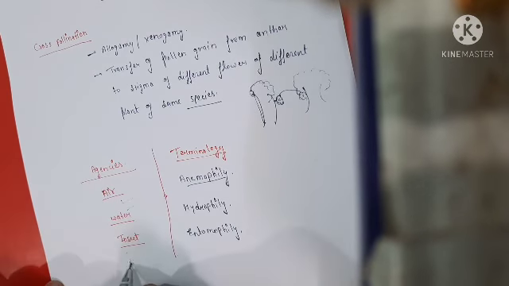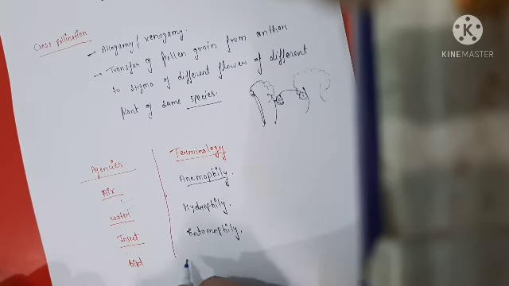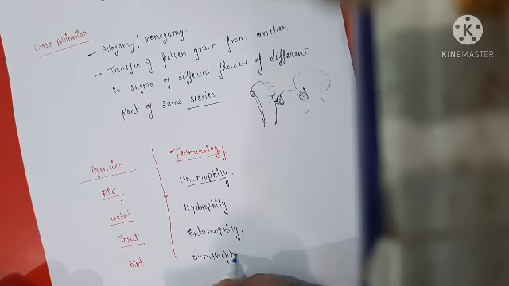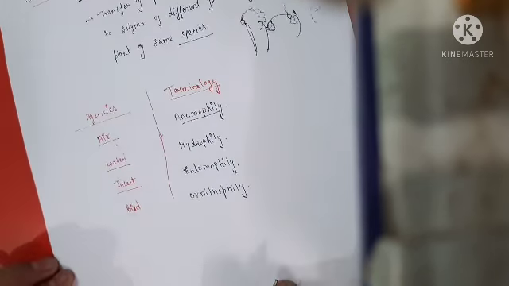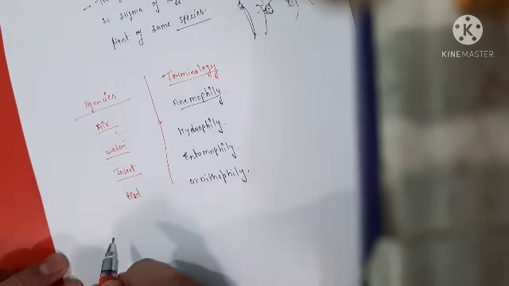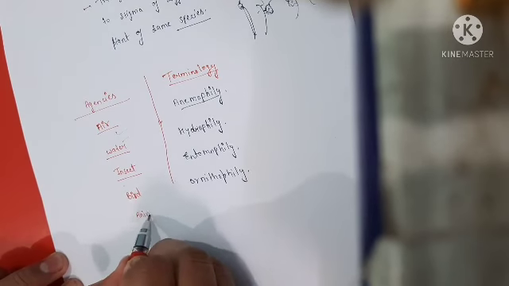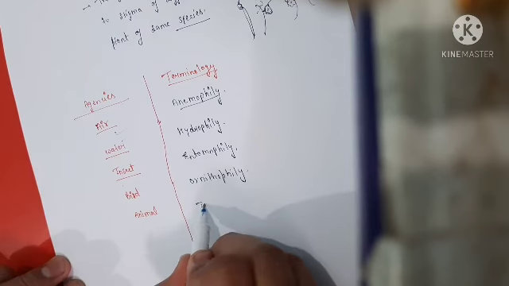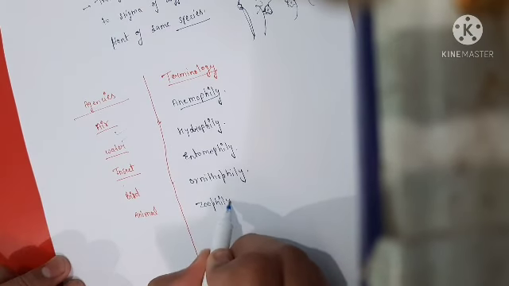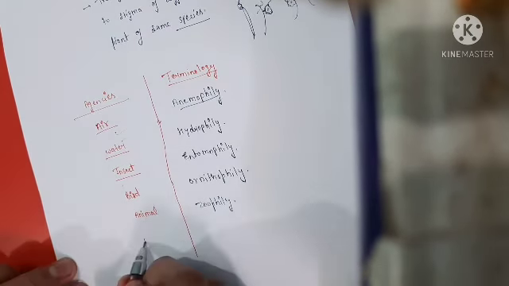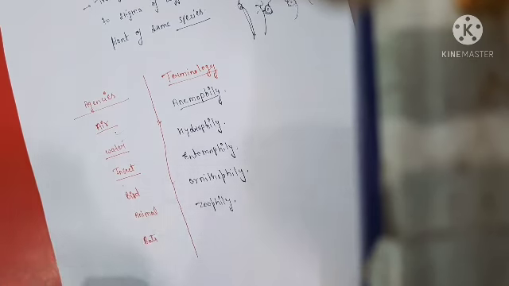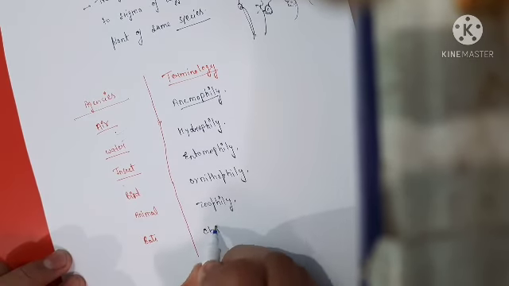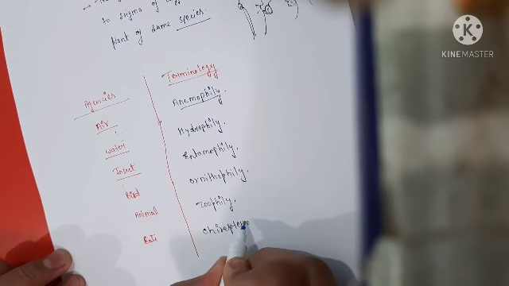If it takes place through birds, it is called ornithophily. If it takes place through animals, it is called zoophily. If it takes place through bats, it is called chiropterophily.